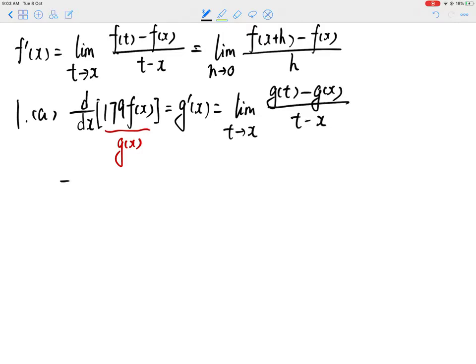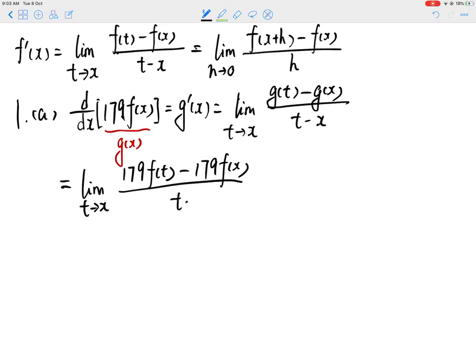So what is g(t)? g(t) is 179 f(t). What is g(x)? g(x) is 179 f(x), over t minus x. For this constant, we can throw it out of the limit.